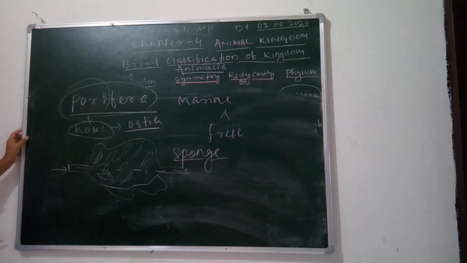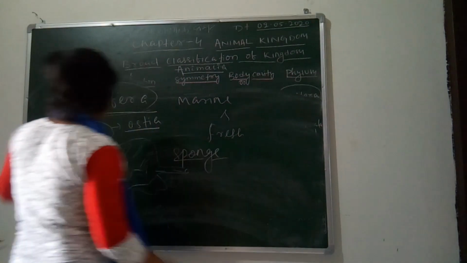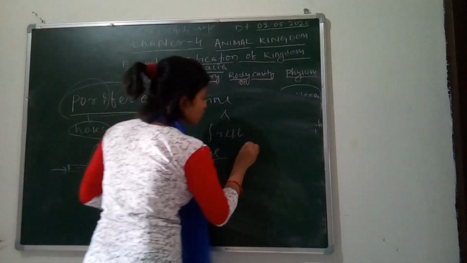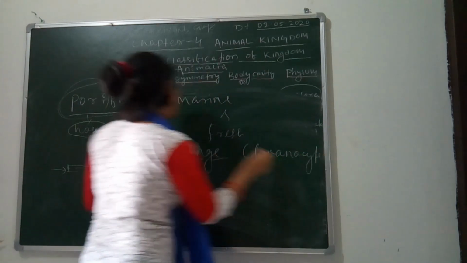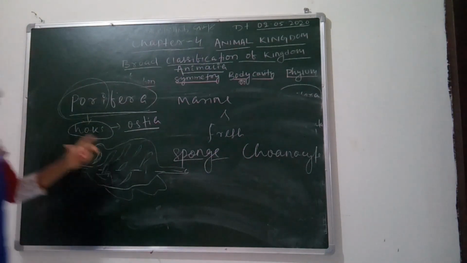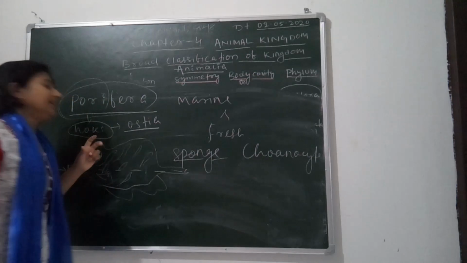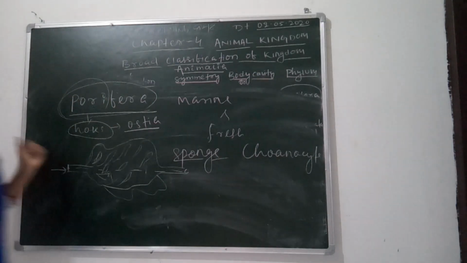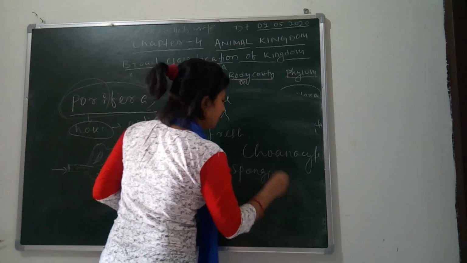Then the choanocyte cells are present, which cover the sponge all along its body and help protect the species of Porifera. They bear some spines, which are called spongin fibers.